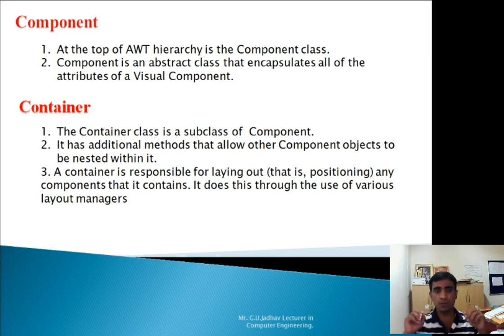Meaning the Container class has extra methods, and those extra methods allow you to place button, text field, scroll bar, etc. components on a container. So a container is nothing but a collection of components. You can place components on a container.